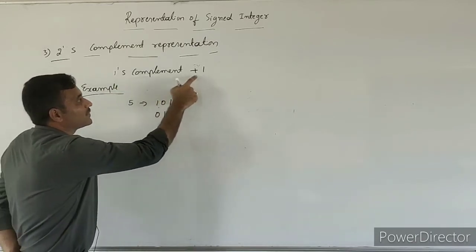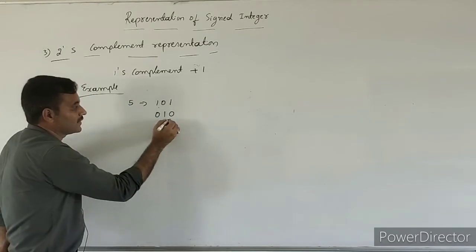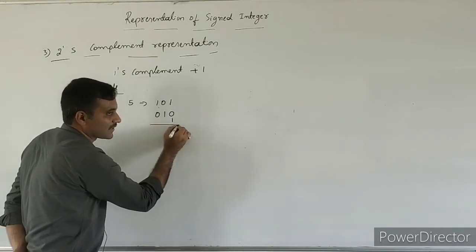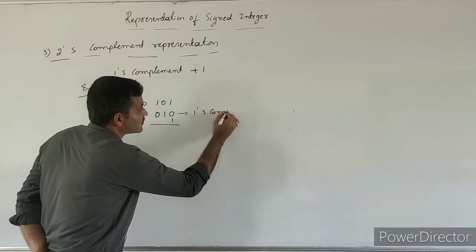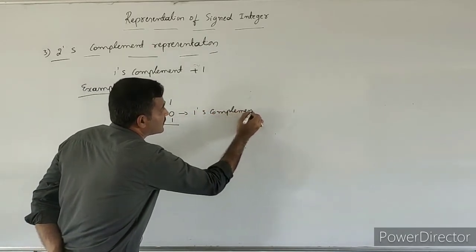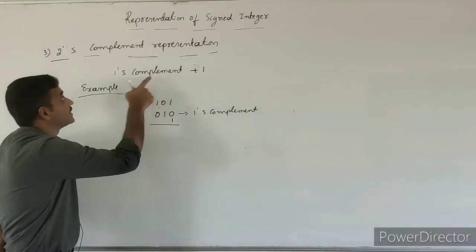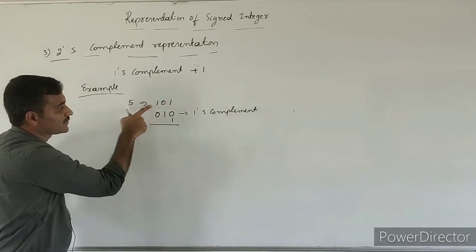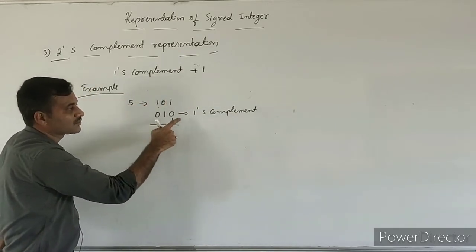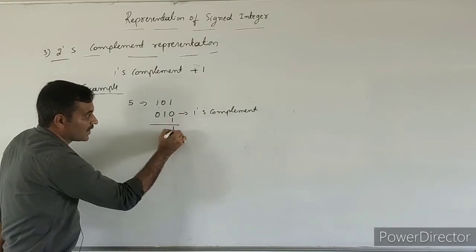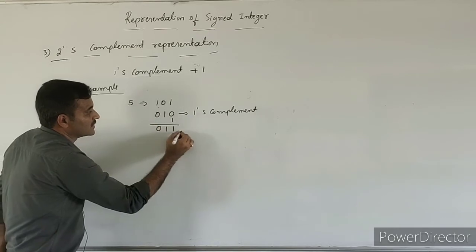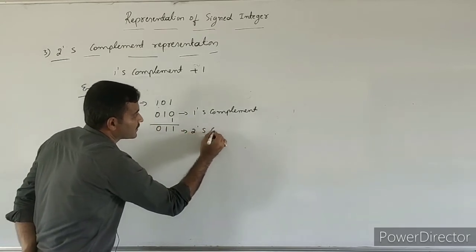Then add 1 to the least significant bit. Because 0, 1, 0 is the 1's complement. 1's complement plus 1 is equal to 2's complement. First convert to 1's complement, then add 1 to the least significant bit. Then it becomes 0, 1, 1. This is the 2's complement.